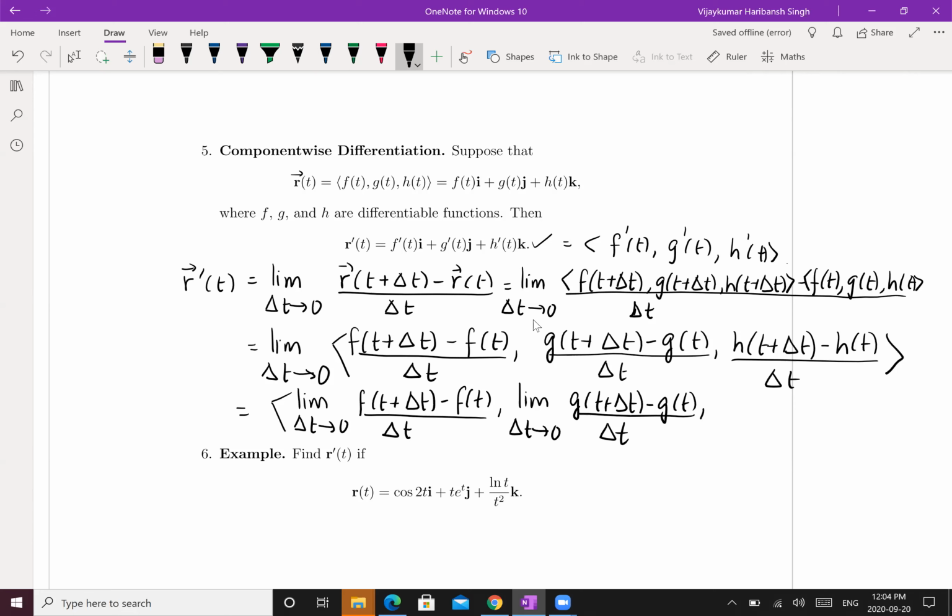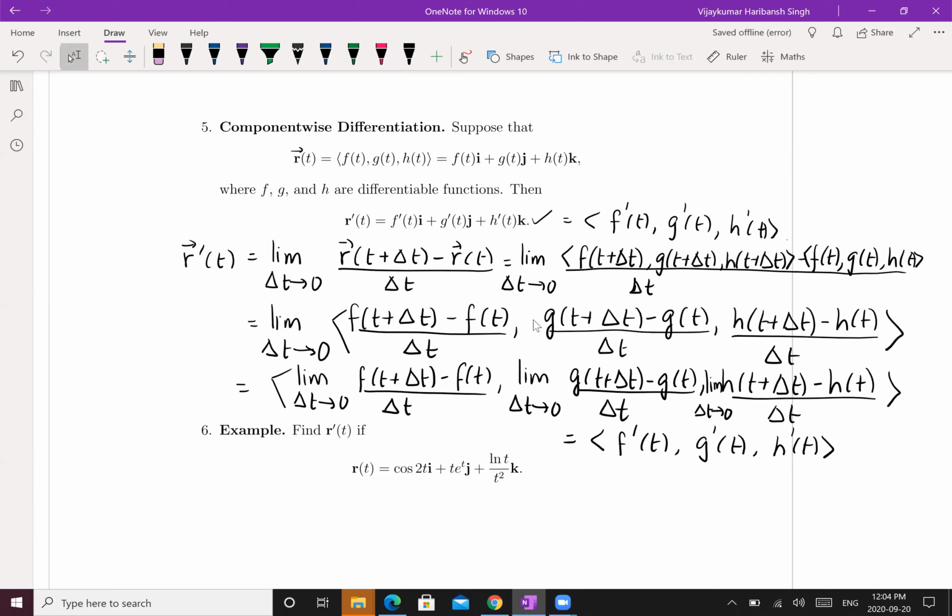And then the next one is h of t plus delta t minus h of t over delta t, with the limit as delta t goes to 0 in front of it. Now we identify these limits to be f prime t, g prime t, h prime t. So this is how you compute the derivative. Again, the important key is that the derivative is done component wise.